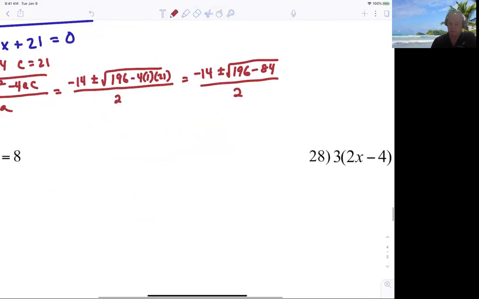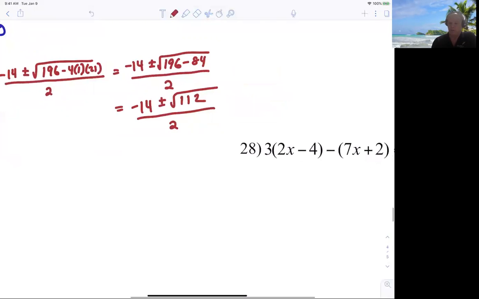So now negative 14 plus or minus the square root of 112, all over 2.